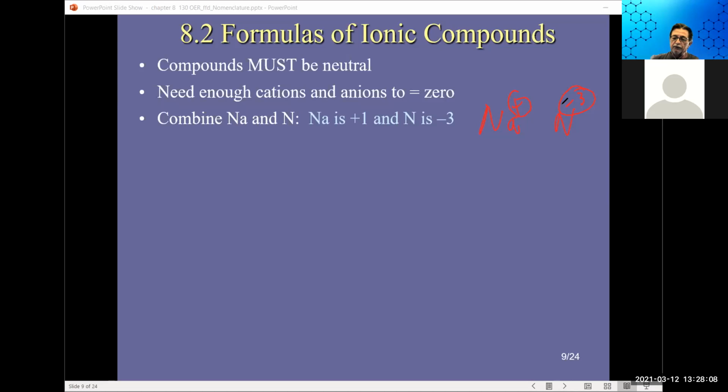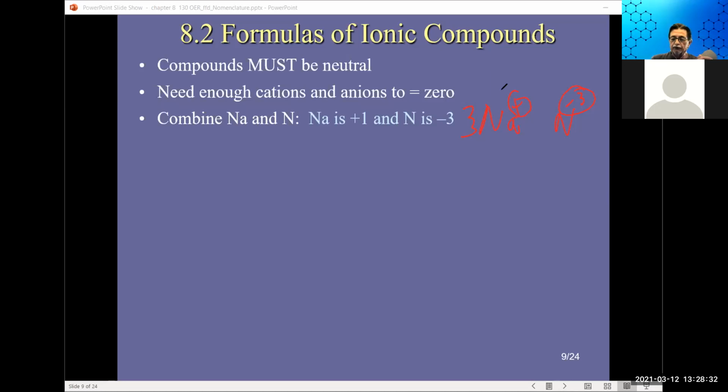We also have to remember that when we combine them together, we have to add enough cations and enough anions so they cancel each other out. Nitride has a -3. Sodium has a +1. So that tells me that I'm going to need 3 sodiums.